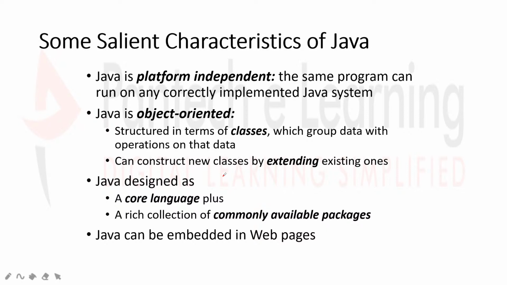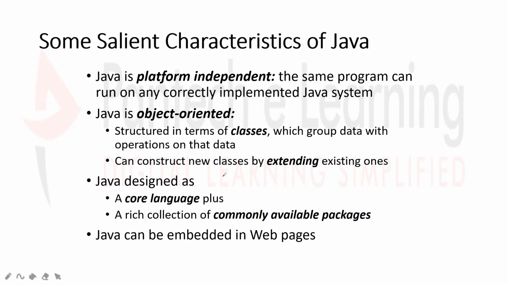It is generally called the OOPS concept. The OOPS concept is nothing but having n number of classes which group all the data together, and we can extend even using new classes also.